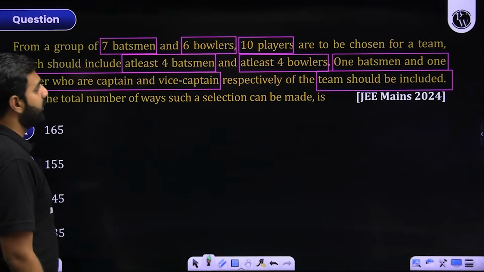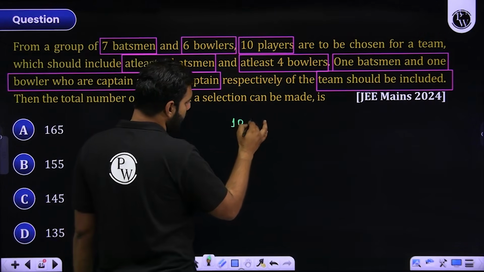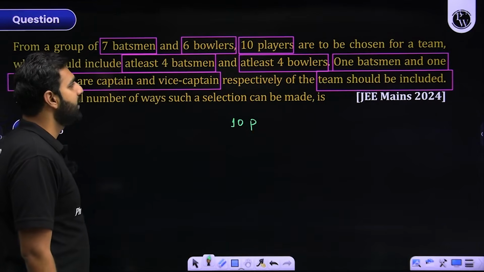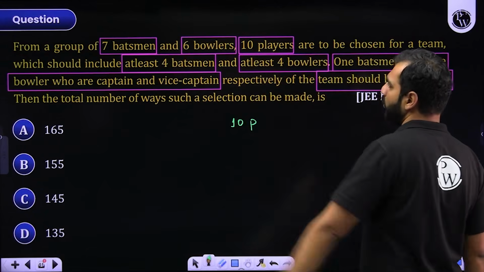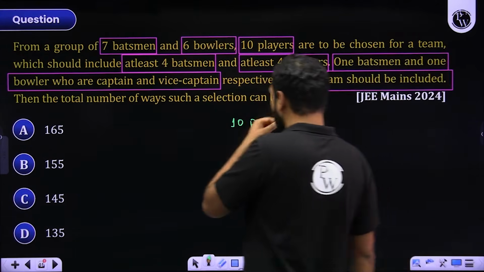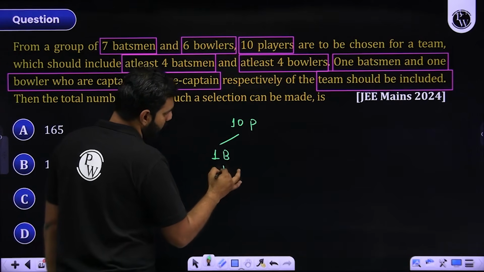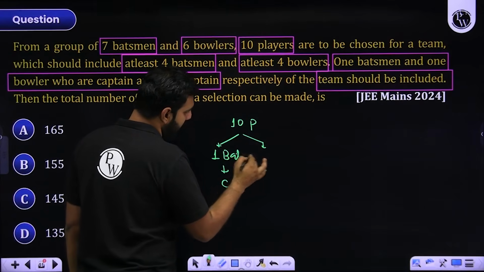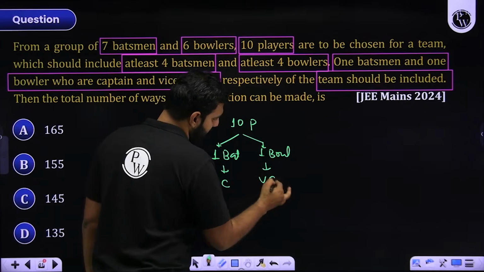What is the problem here? I need to make a team of 10 players, in which I should have at least 4 batsmen and at least 4 bowlers. Please understand, can I not say that out of these 10 players, I have already selected one batsman who is the captain, and one bowler who is the vice captain?